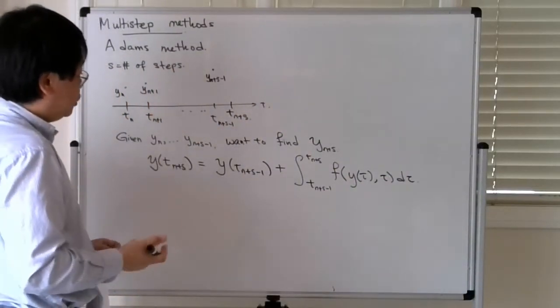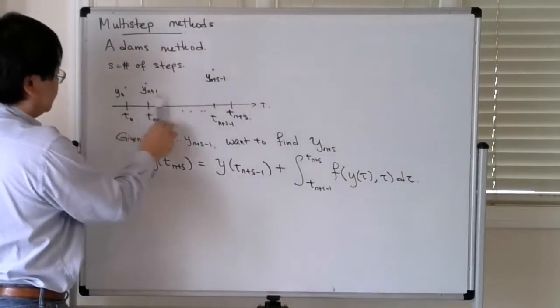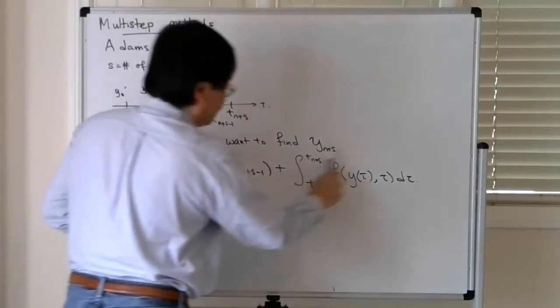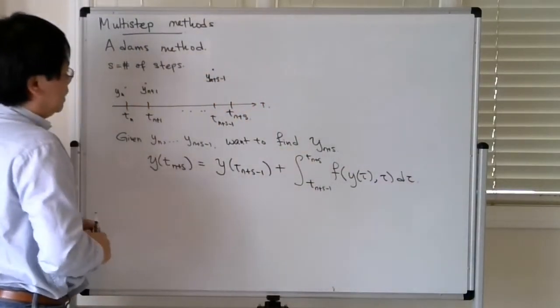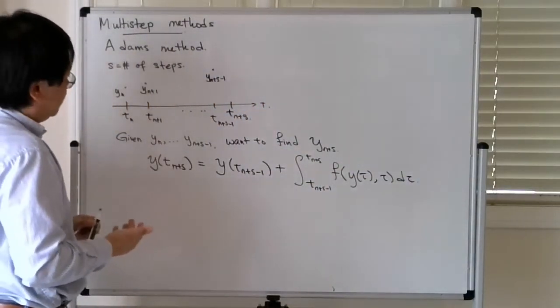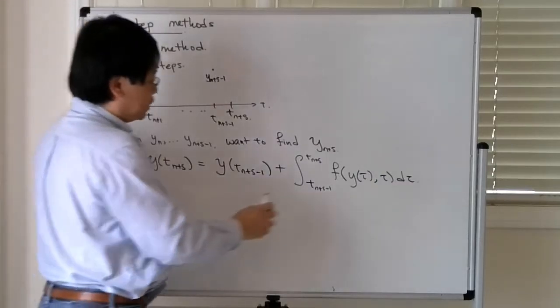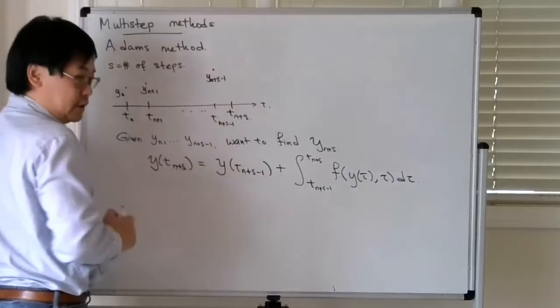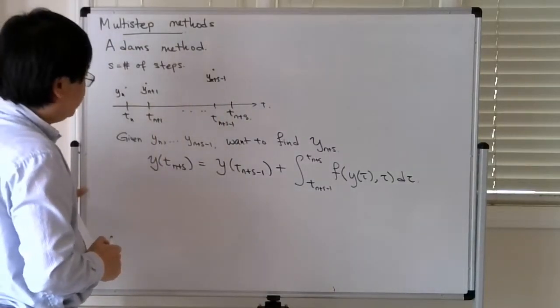But what you can imagine doing is that you know the function values at all these previous times. And so you have to evaluate this integral, but nothing prevents you from constructing the approximation to f by using all the data which is available to you at the previous times.